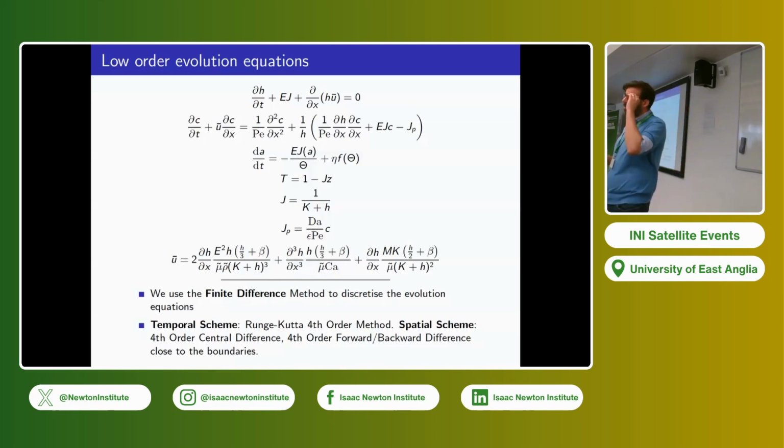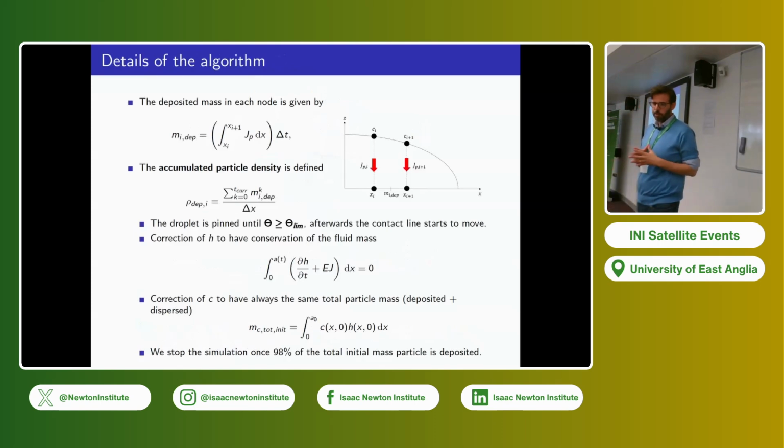The numerics was a bit painful, as Fabian knows. Anyway, just briefly, what we have done. First of all, we define the deposit mass in each node, and what we are showing is also the accumulated particle density. So in each node, how much mass is in the delta x, somewhere in the grid. Since we also use a non-uniform grid, this complicated things a bit, but it was the only solution to reach this point.